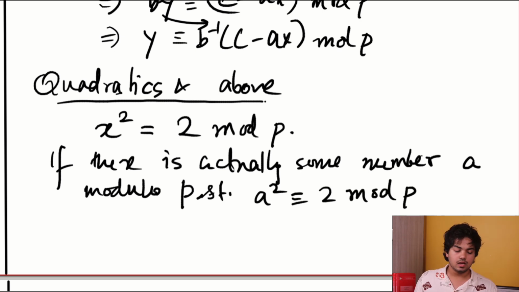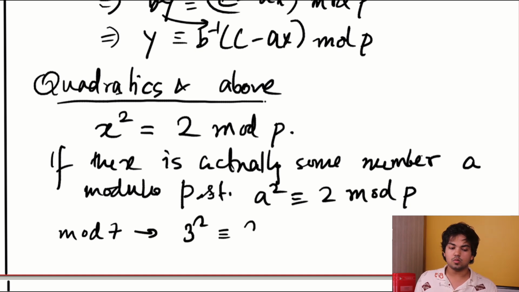We have seen it, right? For example, if you went mod 7, this is an example I took up in a previous video. When you go mod 7, 3 squared, which is 9, is congruent to 2 mod 7. So 2 has a square root mod 7. I don't have to invent something new. It's already in the system.